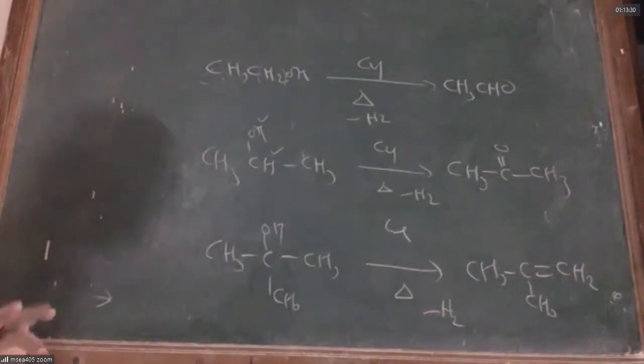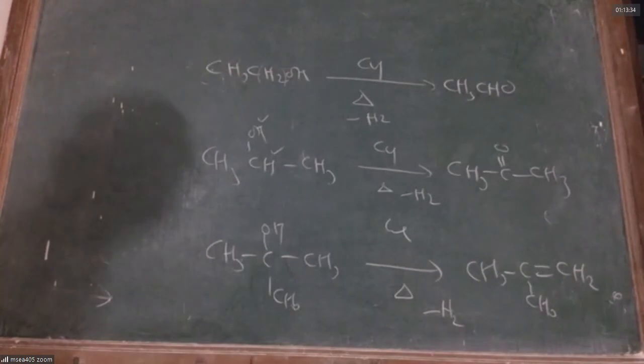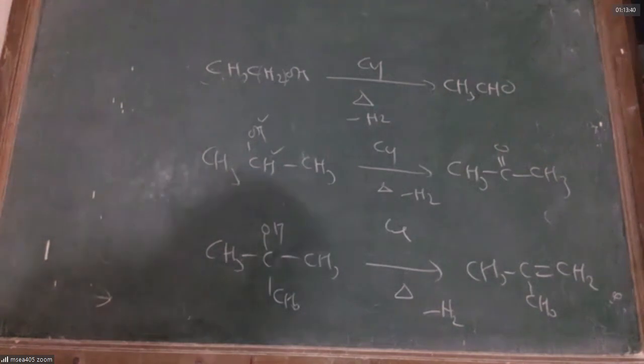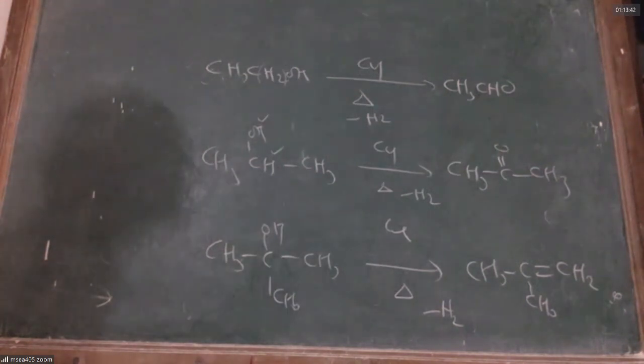Always it is generating a double bond. Notice this reaction of heating with copper is called dehydrogenation. What is it called, sir? Dehydrogenation. Dehydrogenation is possible by heating with copper, but the reaction is very smooth with primary alcohol, a bit difficult with secondary alcohol, more difficult with tertiary alcohol. It requires different temperatures. Observe the temperatures in your text.